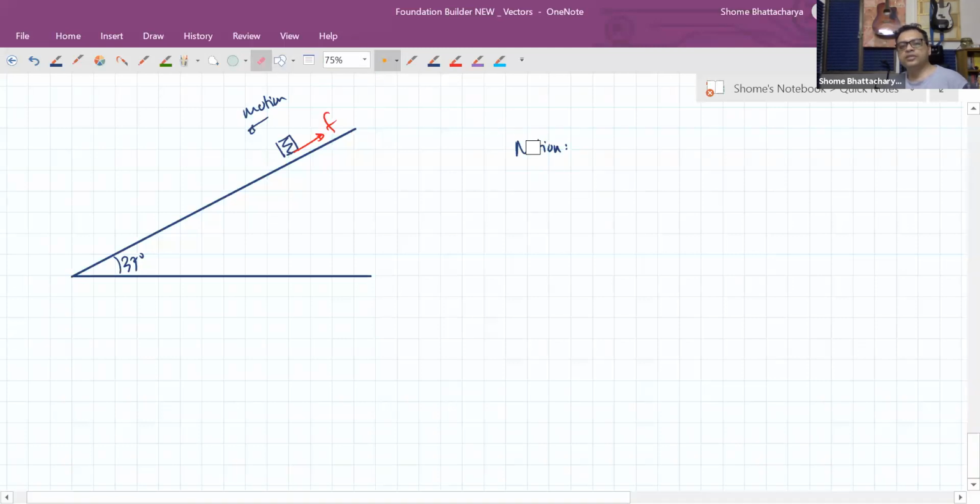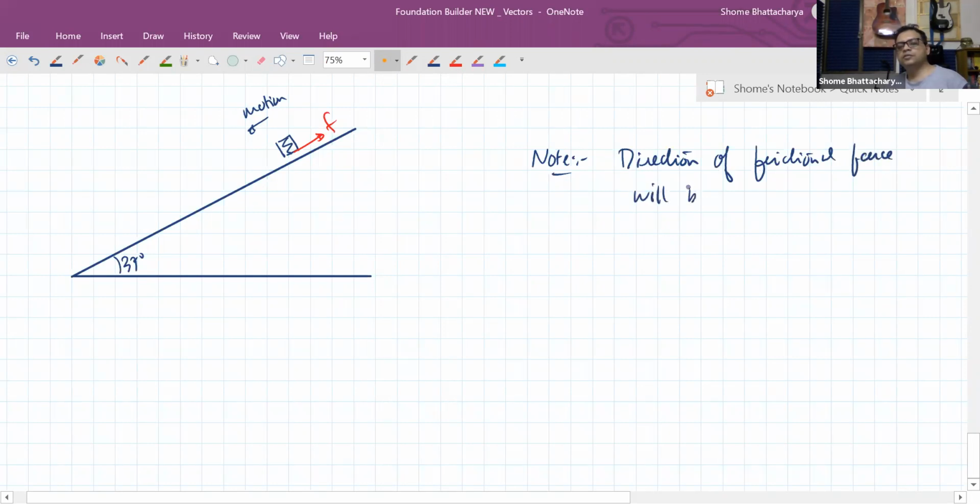So the direction of frictional force will always be opposite to the direction of motion.